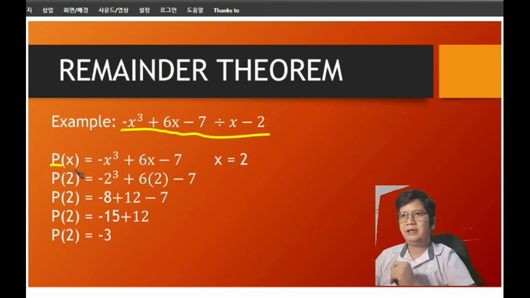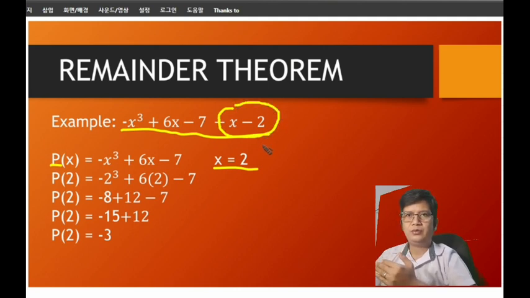Ang ibig sabihin lang, what will be the remainder of the polynomial with the use of x is equal to 2. Now, itinuro na natin nung nakaraan kung saan galing ang value ng x. And that is from the divisor, which after equated to 0, we ended up with the value of x is equal to 2.